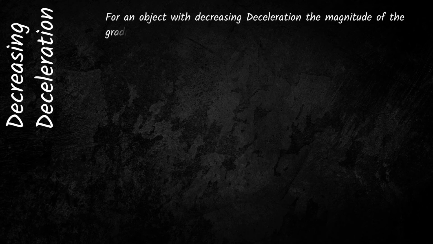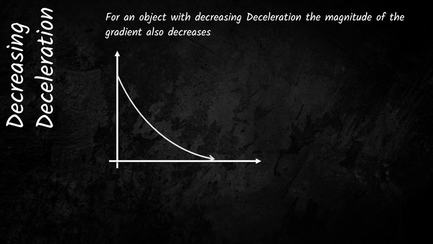Second, because you have deceleration, the gradient must be negative, and the magnitude of the gradient for a graph with decreasing deceleration must also decrease. So the graph would look something like this. Now let's take a couple of points. Point A with gradient minus 5 and point B with gradient minus 2.